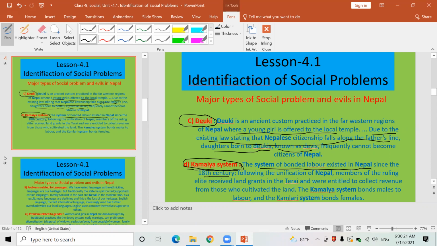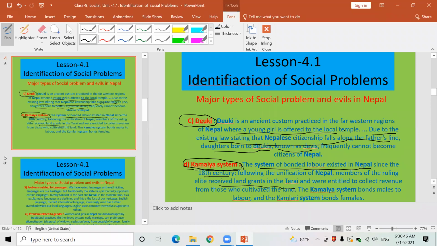Members of the ruling elite received land grants in the Tarai. After getting land as grants, the elite, meaning rich people who are holding high posts like prime minister and so on.